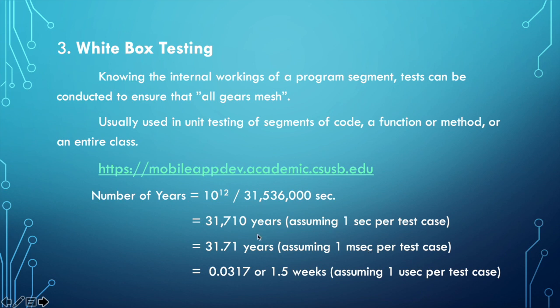Okay. So 31,710 divided by 1,000, you get 31.71 years. Still ridiculous to test 100% of a simple loop, taking you 31.71 years.